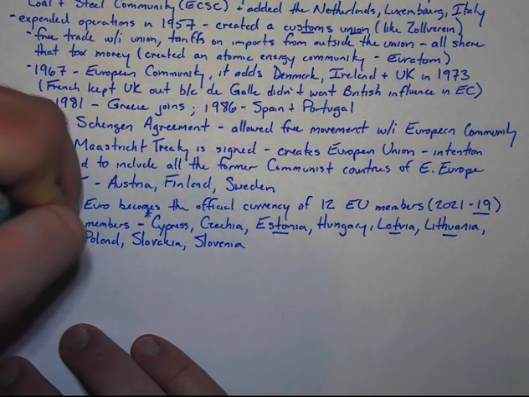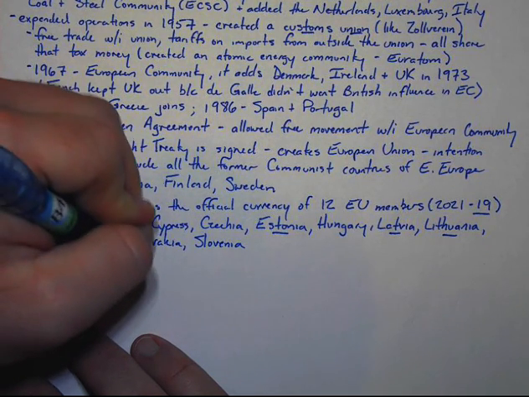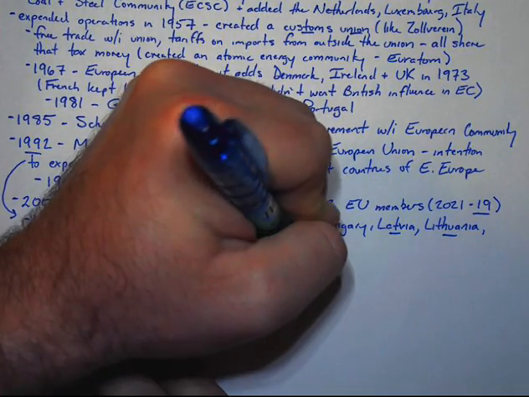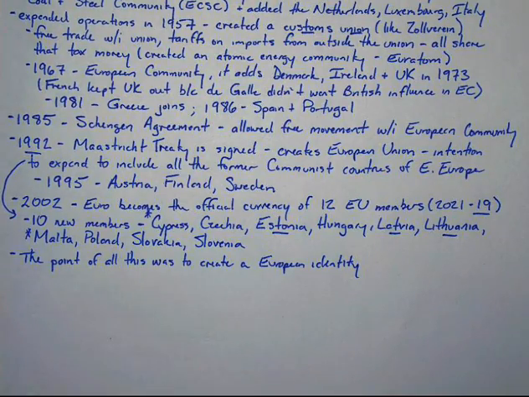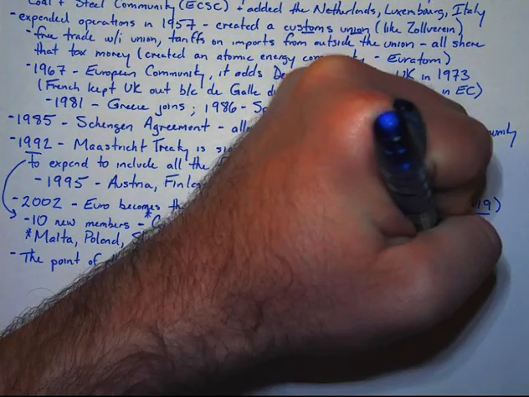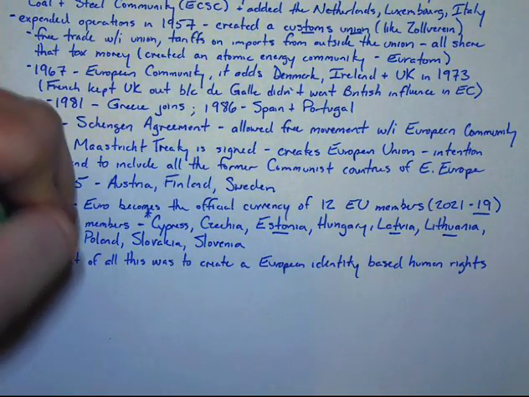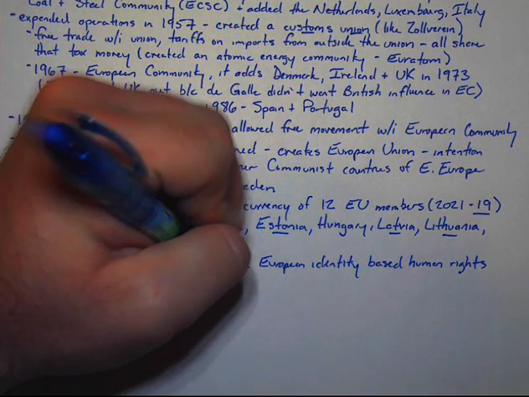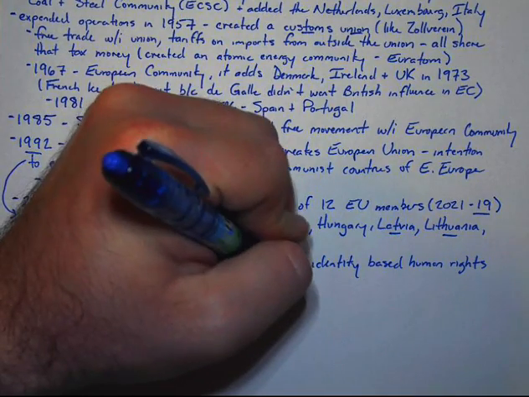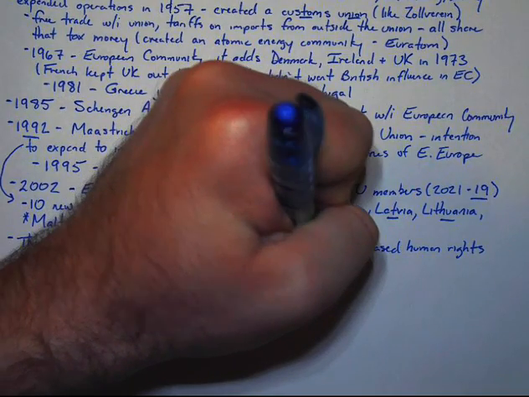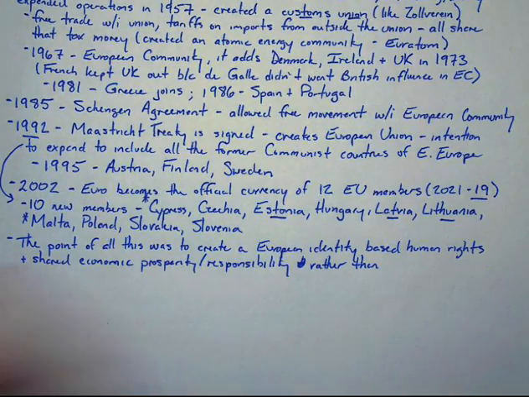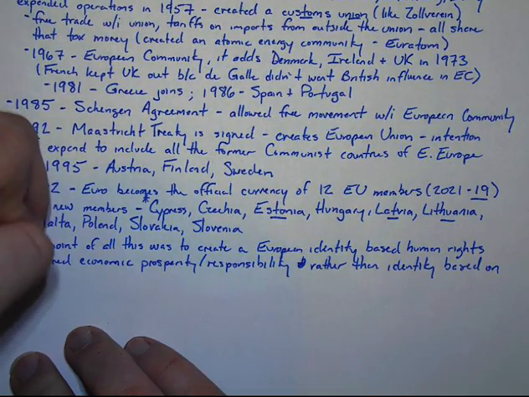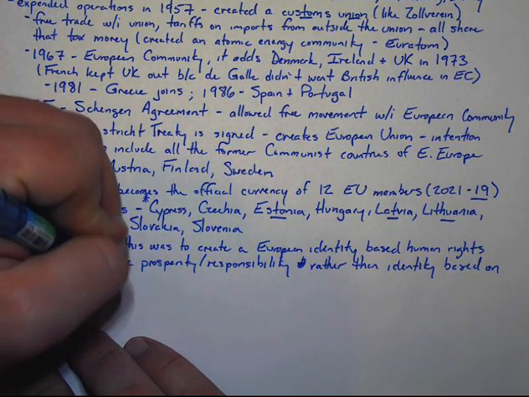The point of this was to create a European identity based on human rights and shared economic prosperity, but also shared economic responsibility, rather than an identity based on religion or language or culture.